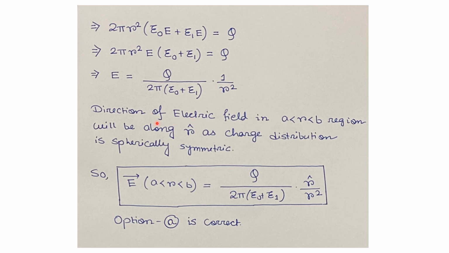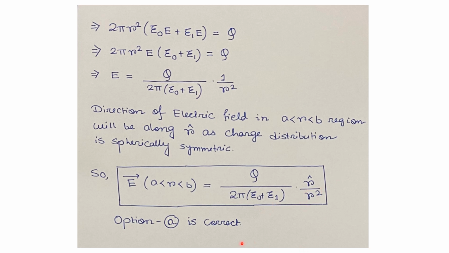The direction of the electric field in the region r greater than a but less than b will be along the radial direction, that is r cap direction, as the charge distribution on the spherical shell surface is spherically symmetric. So the electric field vector in the region will be q by 2 pi times (epsilon naught plus epsilon 1) times 1 by r square along the r cap direction.